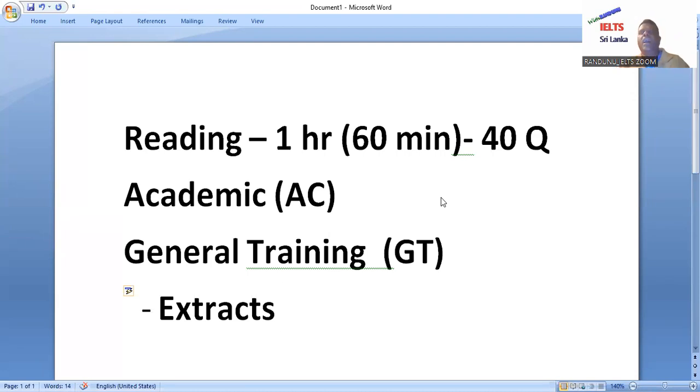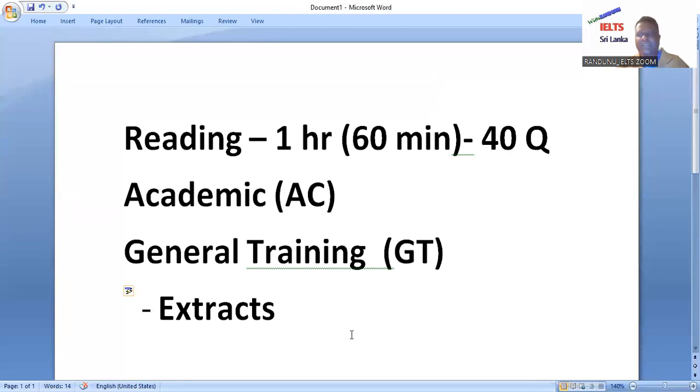The extracts are different. Academic extracts are advanced. That means academic sorts of passages. Passages taken from academic articles, research papers, it can be even an extract from an academic book, something like that.